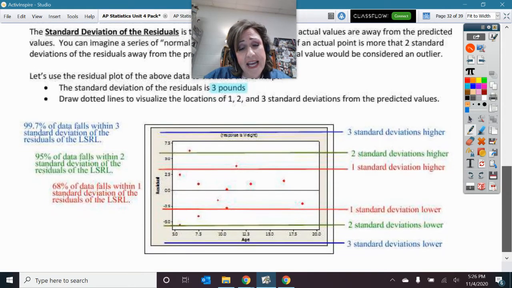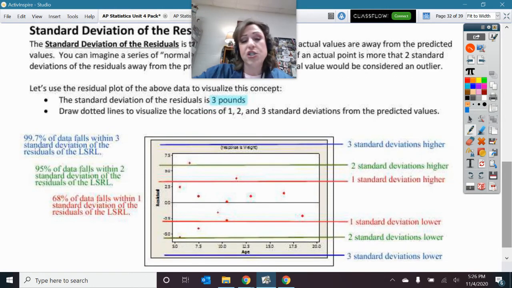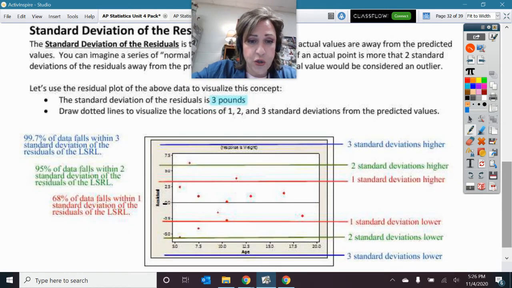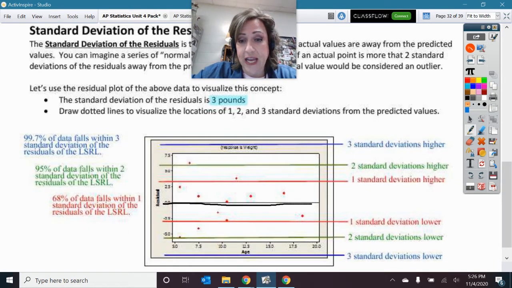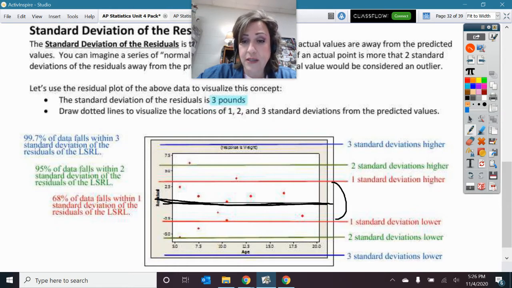So we can imagine this is a residual plot, okay? So here is your prediction line. So there is our prediction line. That's what the data is predicted to be. And so then it's the normal model. Looky here. Here are the values that are within one standard deviation of what they were predicted to be.